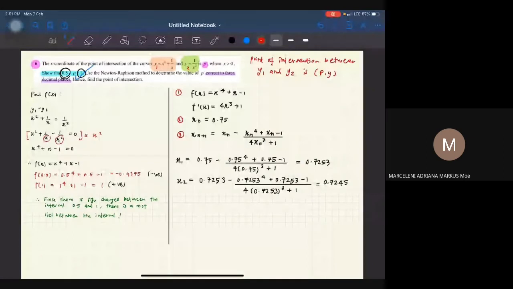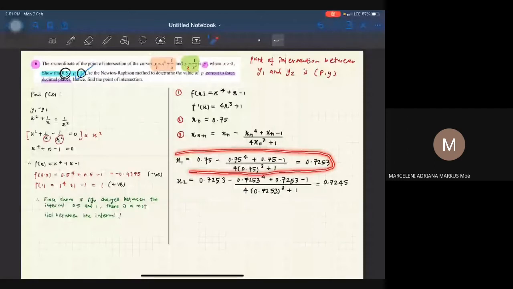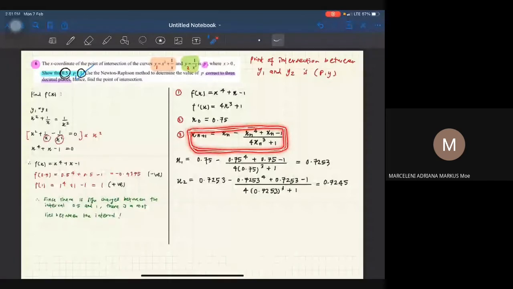Lagi sekali boleh ke? Can you repeat it one more time? Yang tu formula, yang XN plus 1 tu. Oh, this one, okay. Yang di atas. Itu perlu tuliskan. Ni, betul ke? Ya betul lah itu.